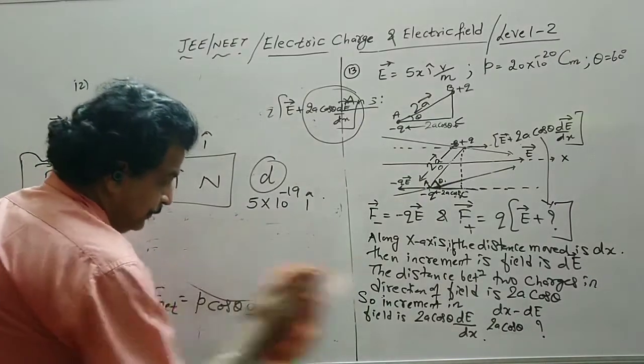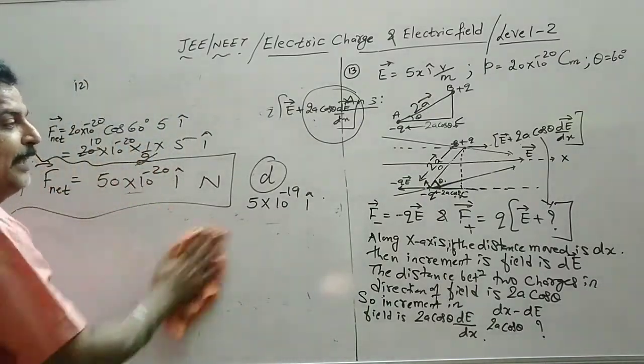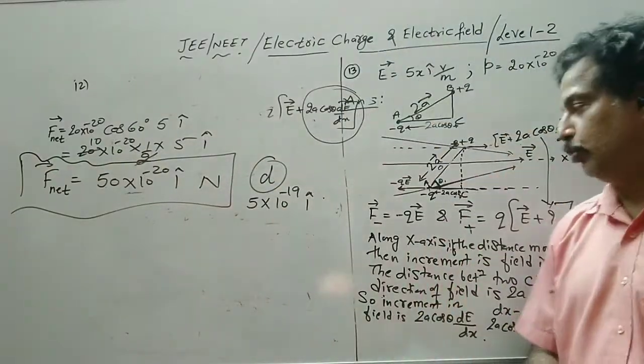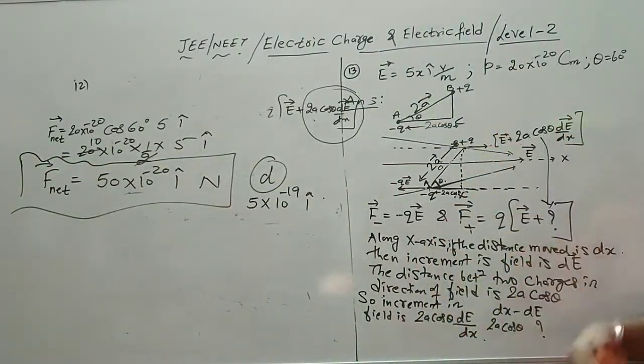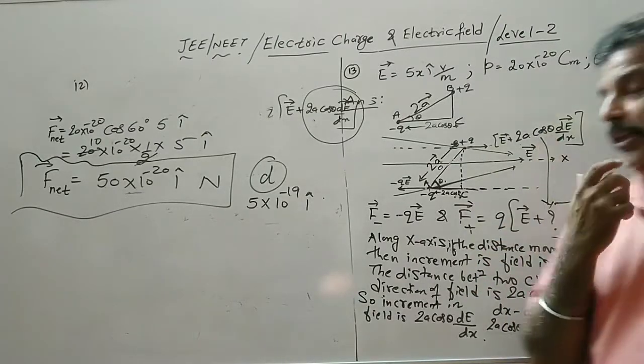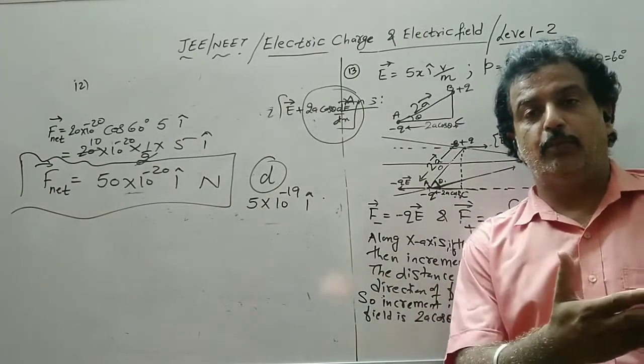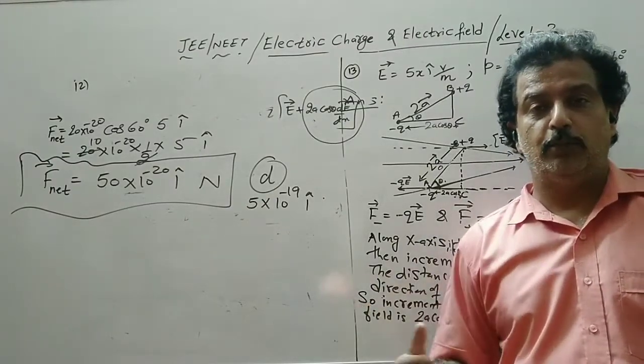related to a dipole placed in non-uniform electric field. So you have to remember this theory, otherwise simply remember what we have learned earlier, that a dipole in non-uniform electric field will perform translational motion as well as rotational motion.